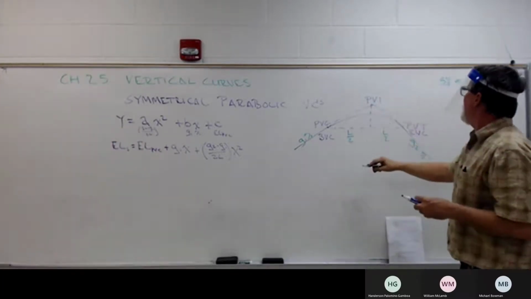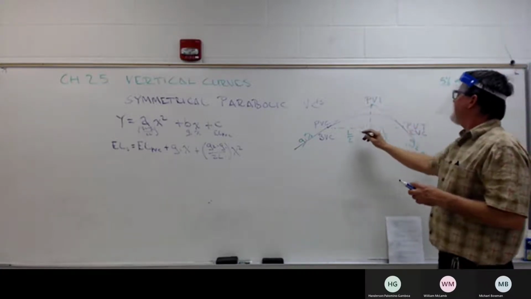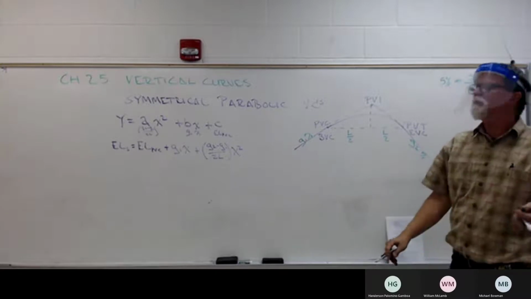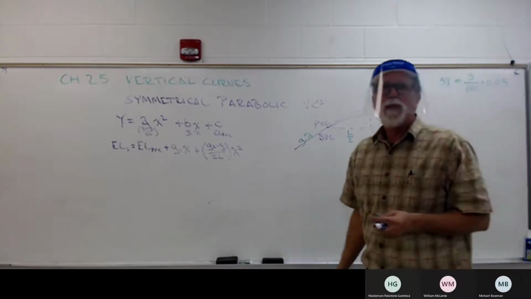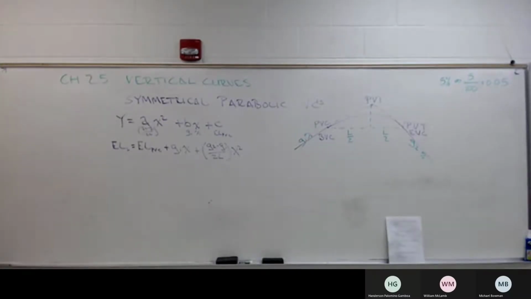So from the PVI forward to the PVT and backward to the PVC is the same distance. Okay, and that length of curve is not measured like in circular curves, where we measure length of curve based on an arc length, correct? L equals pi R I over 180.